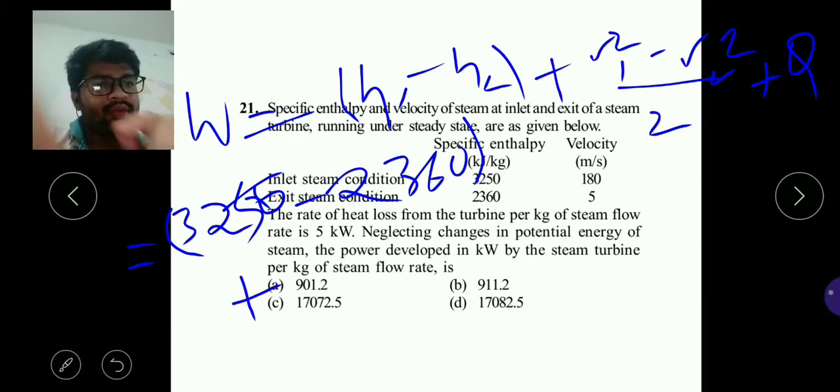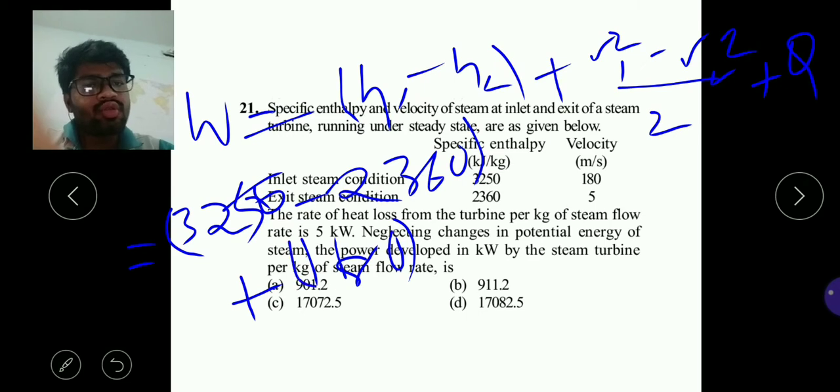Then in terms of velocity, V1 is 180, so square of 180 minus V2, which is 5, square of 5, divided by 2. To convert into kilojoule per kg, because everything is in kilojoule per kg, I need to multiply by 1000 here.